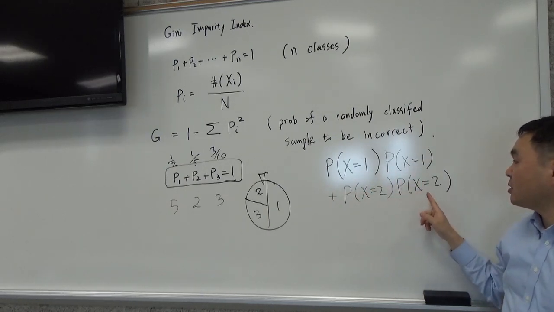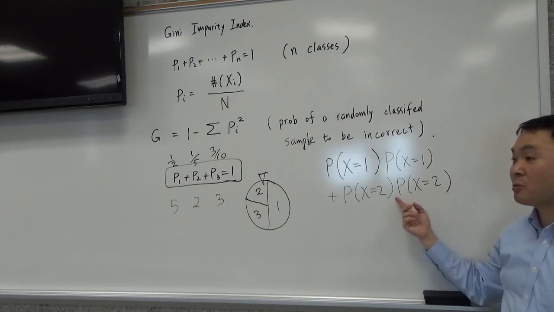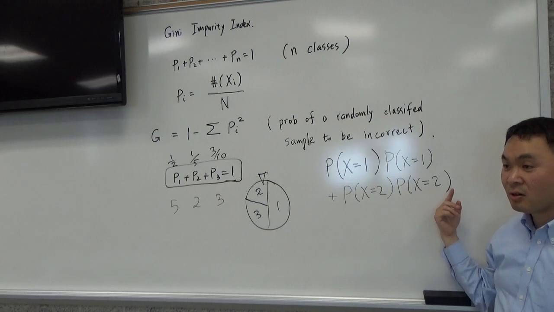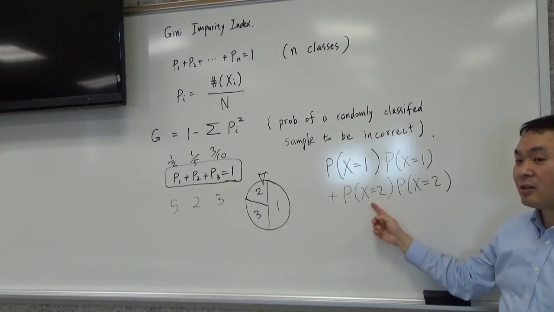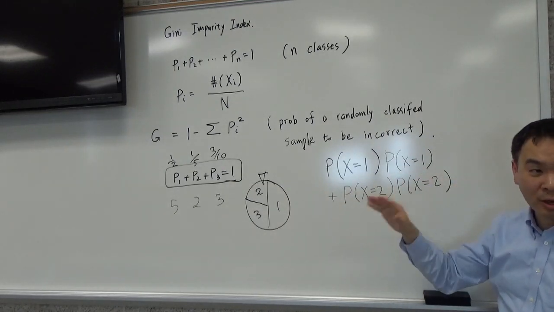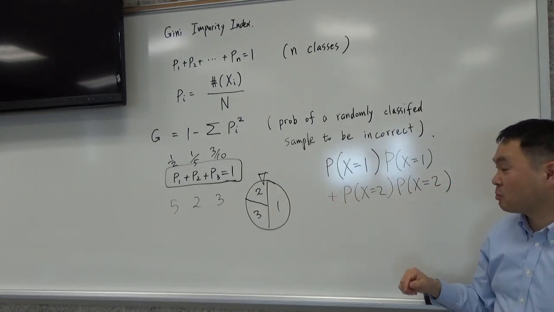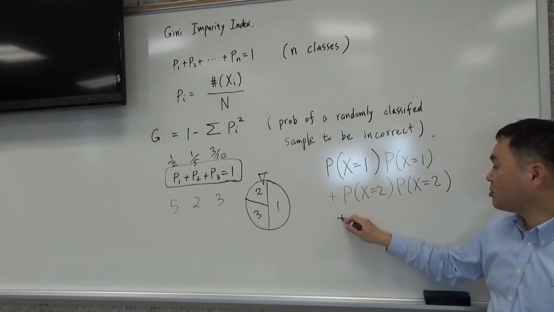And this is, you randomly select an item. What's the probability that it will be from 2? It will be 2/10 or 1/5, right? And again, if you randomly classify it, what's the probability that you would correctly classify it as from 2? It will be this, okay? So you do that.